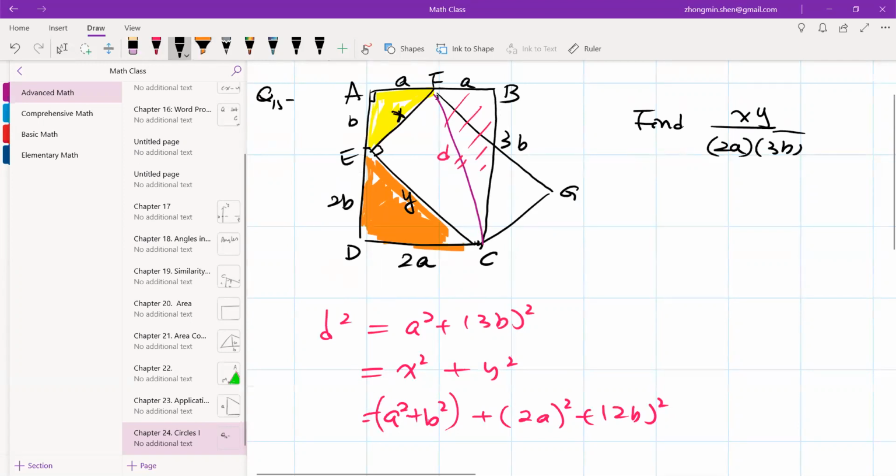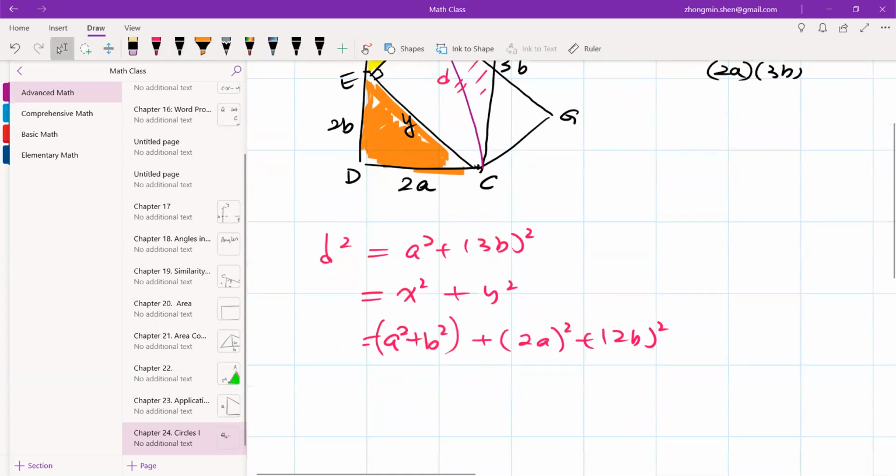All right. So now you compare both sides. On this side you get 5A squared plus 5B squared. This side is A squared plus 9B squared.